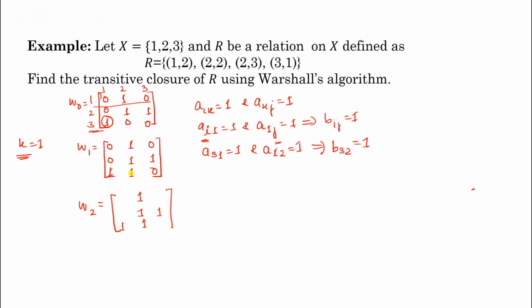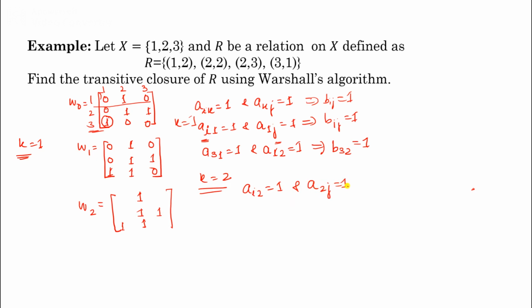So this is W2. Now I apply the second rule: if Aik equal to 1 and Akj equal to 1, then Bij equal to 1. But here k equal to 2, whereas first k was equal to 1. So the rule will be Ai2 equal to 1 and A2j equal to 1.